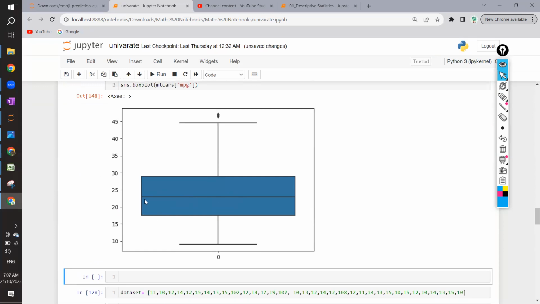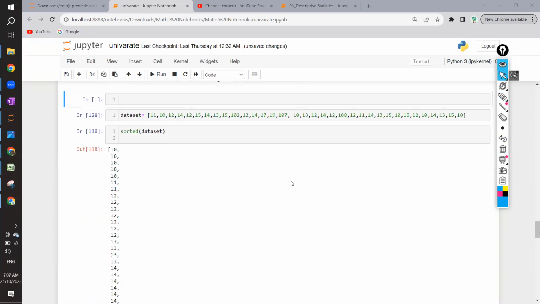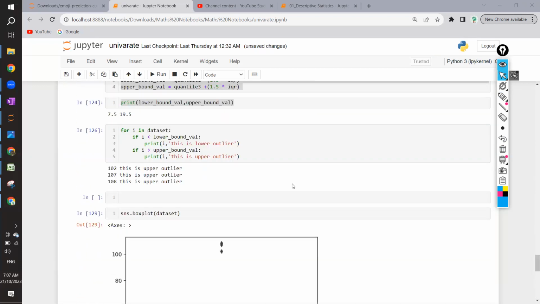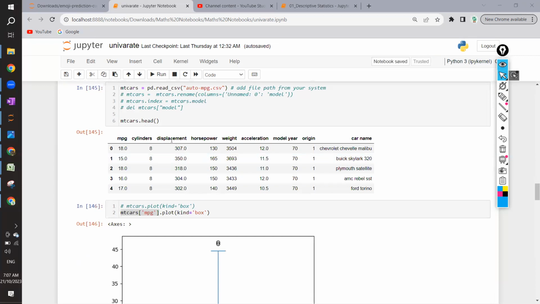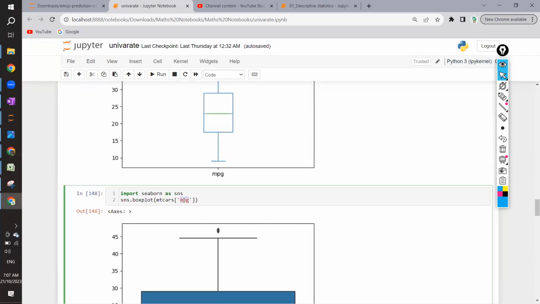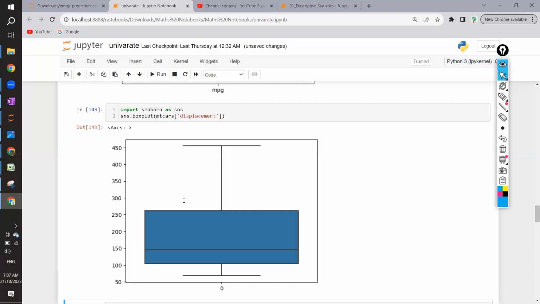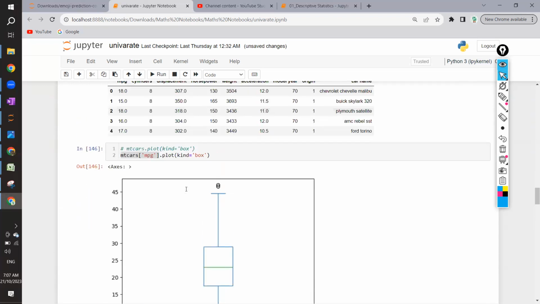See, the representation is much better. Fine, so these two bubbles are the two outliers. Agree, guys? Okay, and this is how you can plot the box plot. Also for displacement, if I want to check, displacement also looks cool.